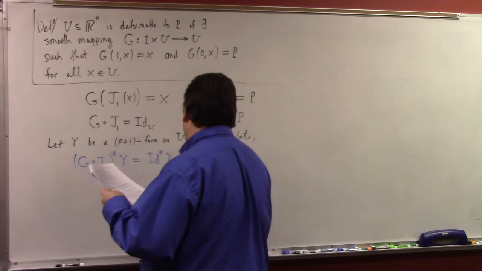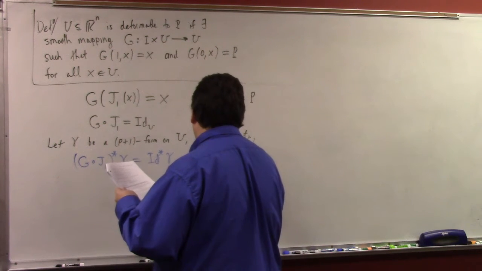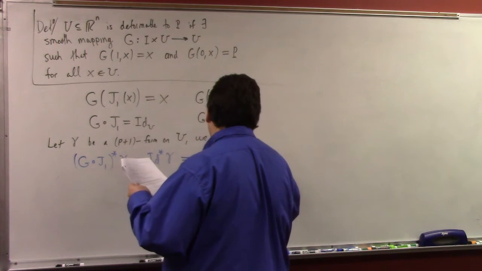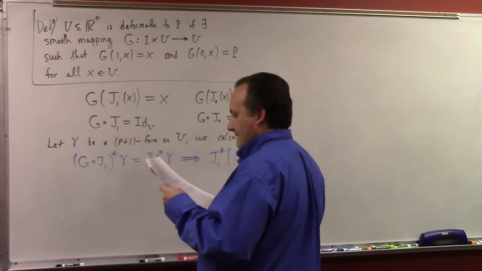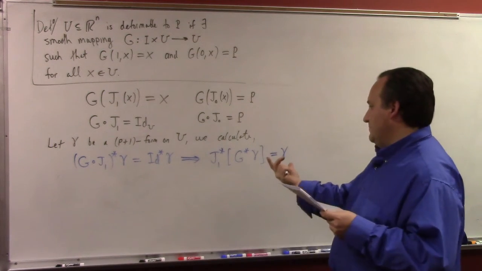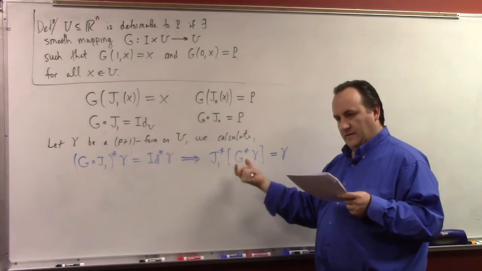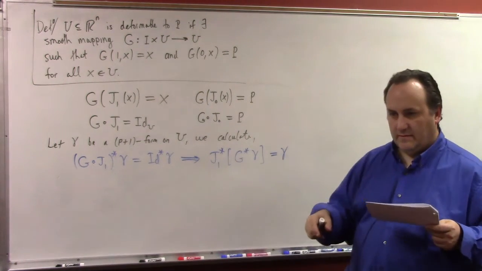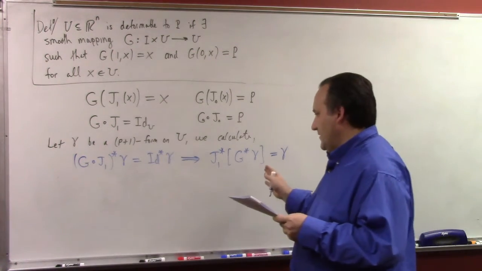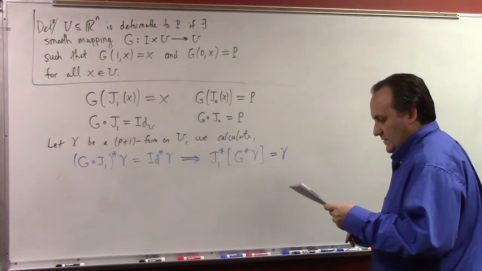So by properties of pullback, that says that J1 pullback of the pullback under G of gamma is equal to gamma. The pullback of the composition, the order goes the other way around. I don't know if we ever hit on that before, but when you pull back a composite, it's kind of like an inverse.